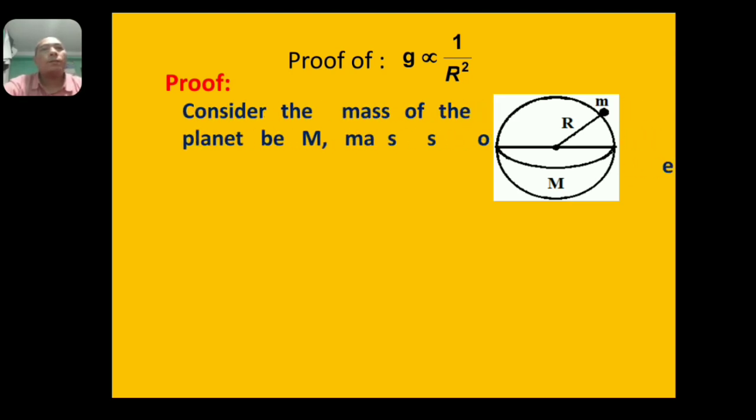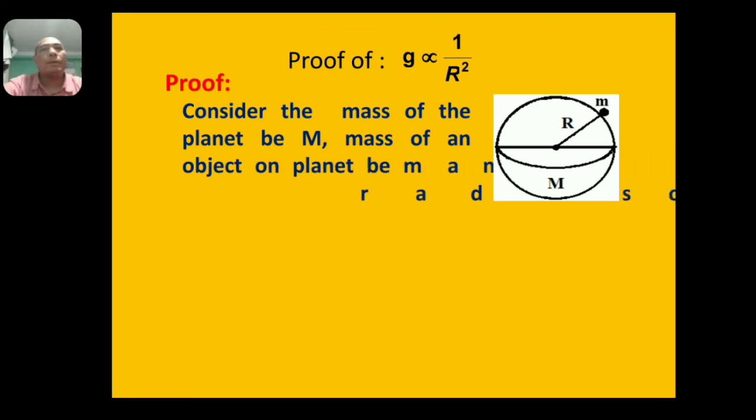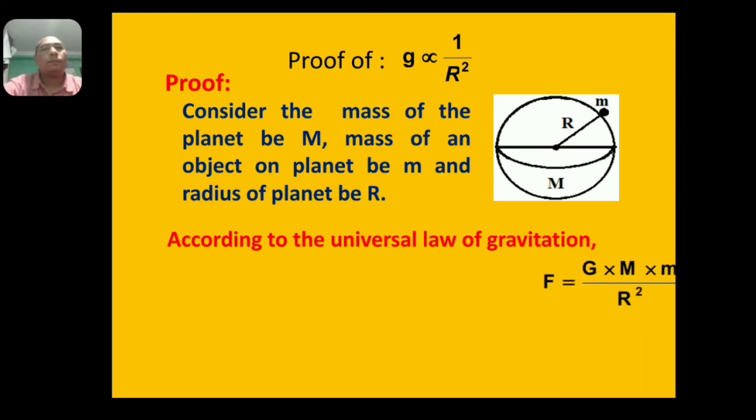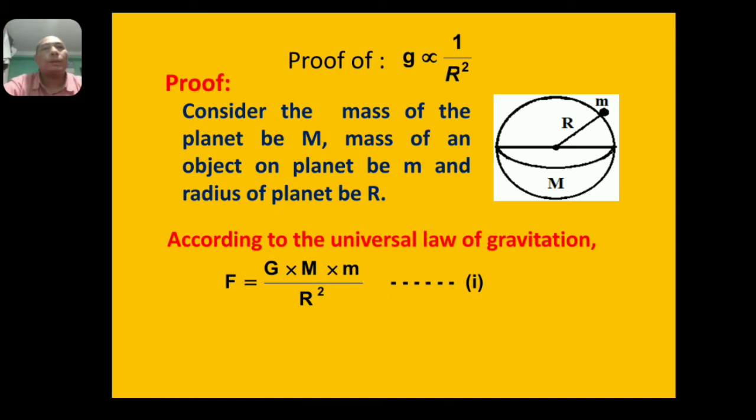Consider the mass of the planet be capital M, mass of an object on planet be small m, and radius of planet be capital R. According to the universal law of gravitation, F equals to capital G into capital M into small m upon R square, equation number 1.